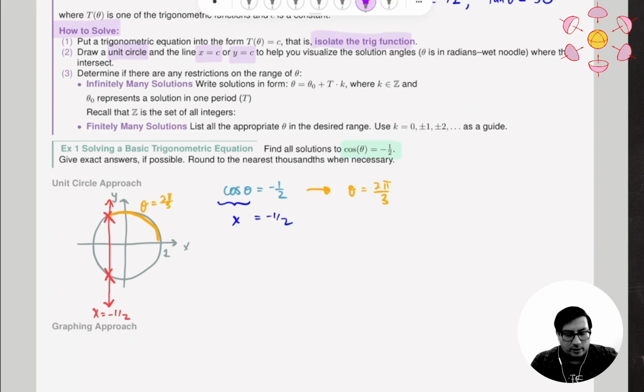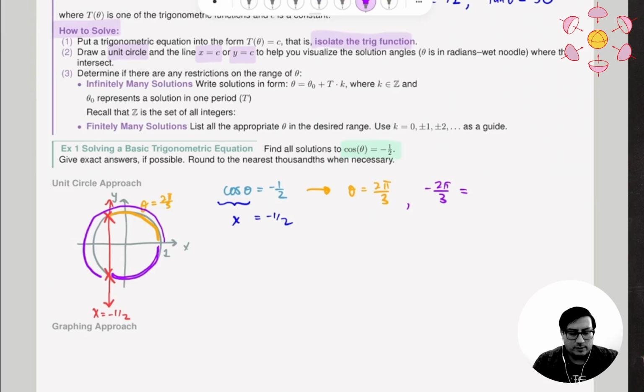Now there's one more angle. And I could either do it by going in the negative direction and doing negative 2 pi over 3. An equivalent way to do this angle, and let's do it maybe from the top and do it on the outside, it's this angle. So what would that be if we're going in the positive direction?